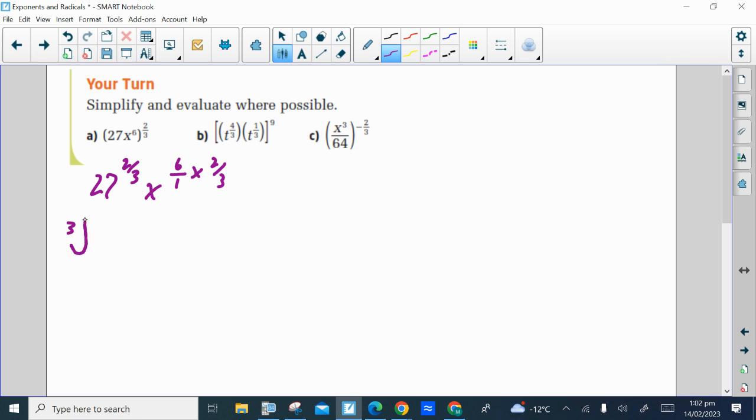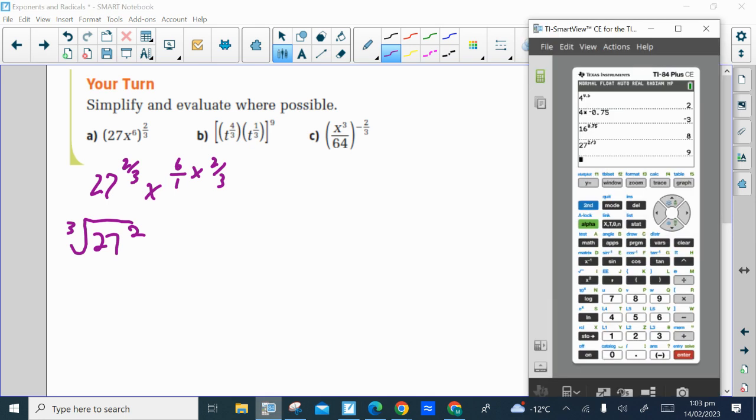So because it's a denominator of 3, that means the cube root of 27. And because the top number is 2, it's going to be squared. That's what 27 to the 2/3 means. It means the cube root of 27, which would then be squared. The cube root of 27 is 3, and 3 squared is 9. That's why 27 to the 2/3 equals 9.